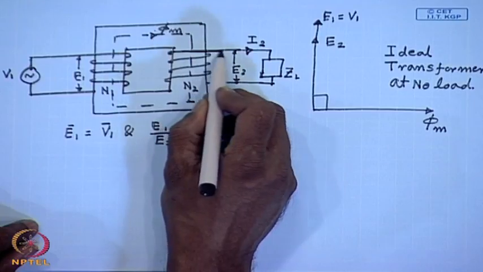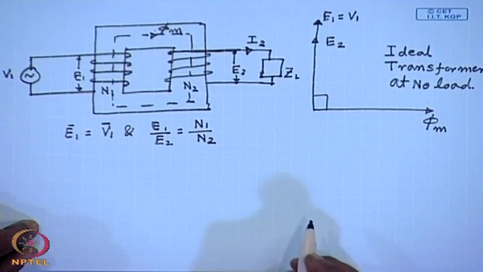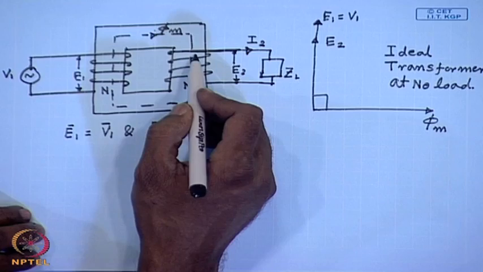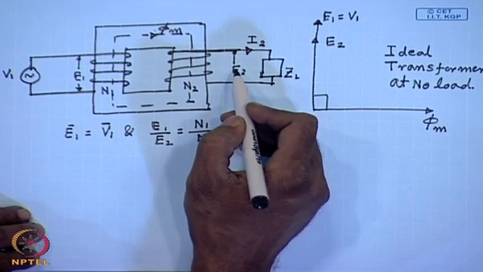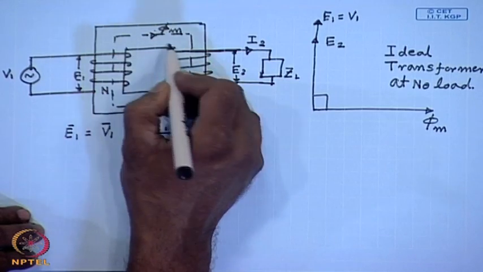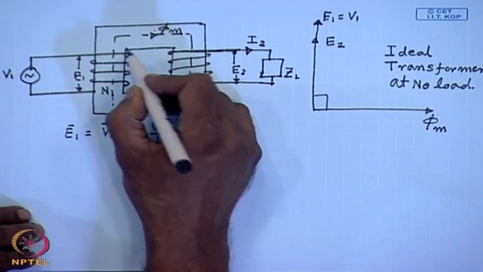However, as soon as the current I2 starts flowing in the second coil, by Faraday's law, it will try to oppose the very cause which it is due to, that is, it will try to send a flux which is opposite to the flux established by coil 1.